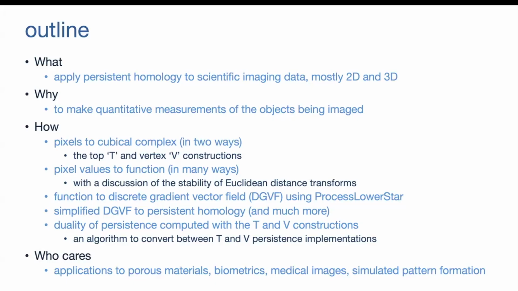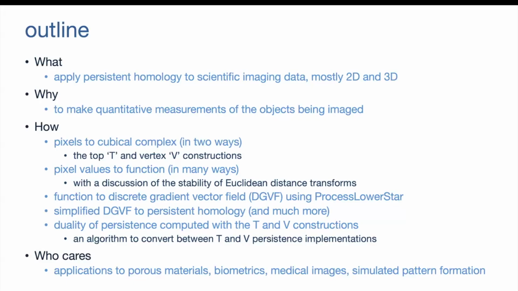And how do we go about turning these digital images into something we can apply persistent homology to? The first thing we have to do is to create some kind of cell complex, right? Because we need to be able to build a filtration. So I'm going to tell you about the two different ways people tend to go about doing this.